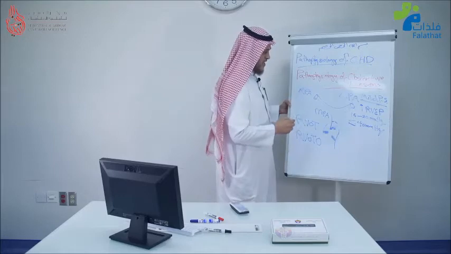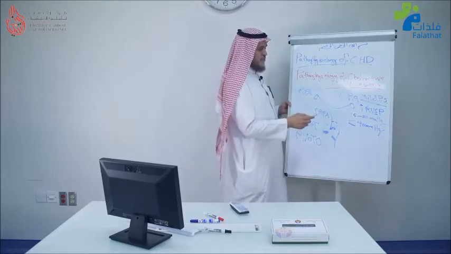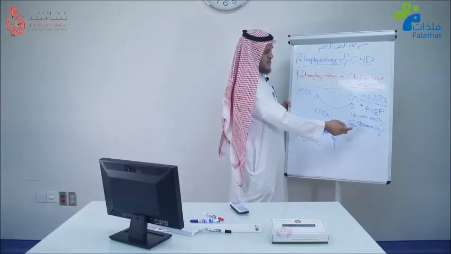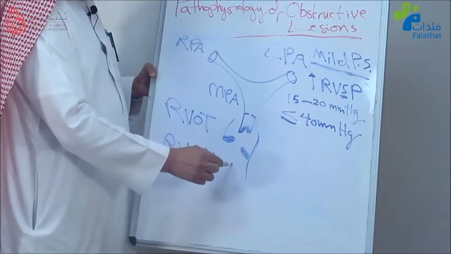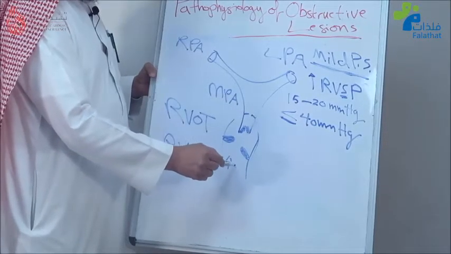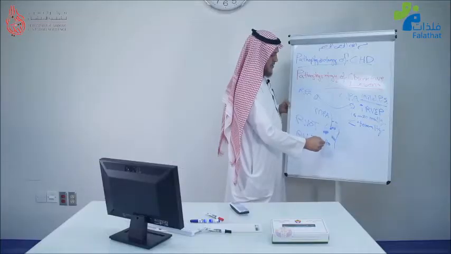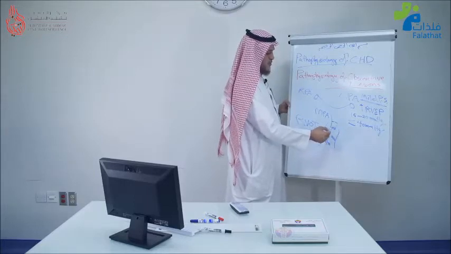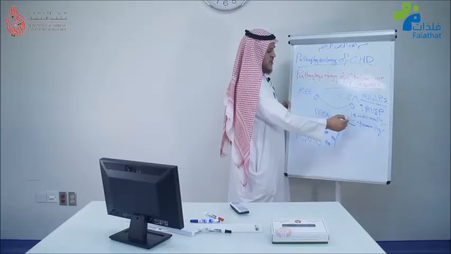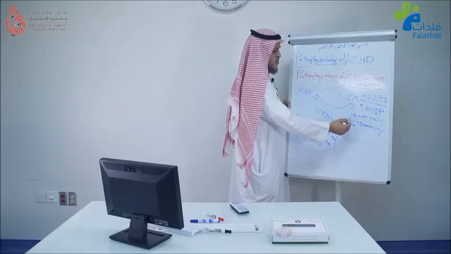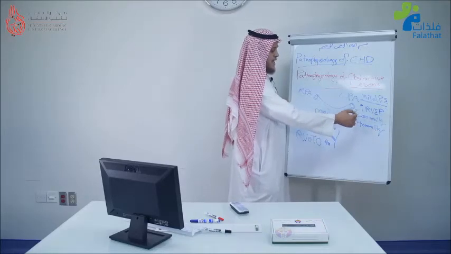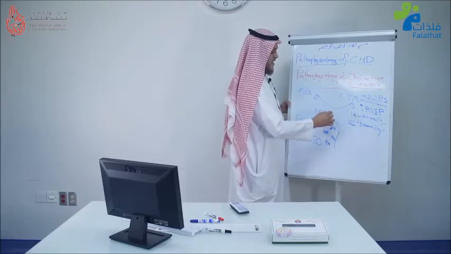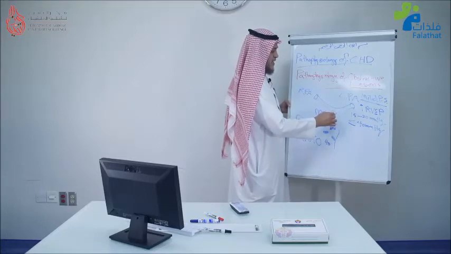Again, here you will see that the pressure difference, this is 40 here. This is the right ventricle outflow. So this is 40 below the obstruction. And we said before the RV pressure normal systolic is between 15 to 20. And the PA is the same. So let's say, just for simplicity, it's 20 here.